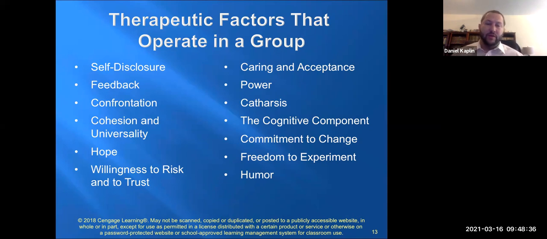So people might come into a group very depressed and despondent, but as a function of the group process, they might feel more hopefulness, willing to take risks and trust, feeling accepted, feeling more empowered versus disempowered, feeling a catharsis, a release of whatever has been bothering them or plaguing them, working on their thoughts, focusing on a commitment to change, an invitation to experiment with who they want to be, not who they were in the past.